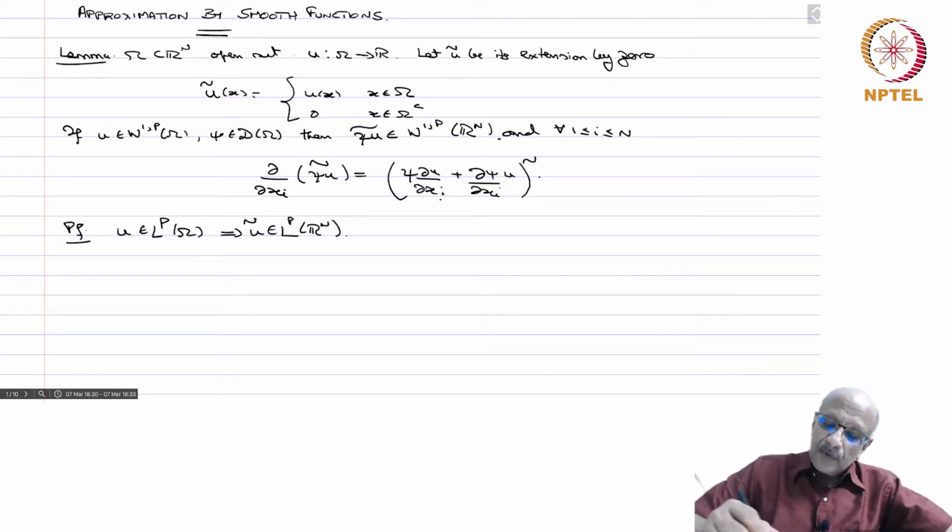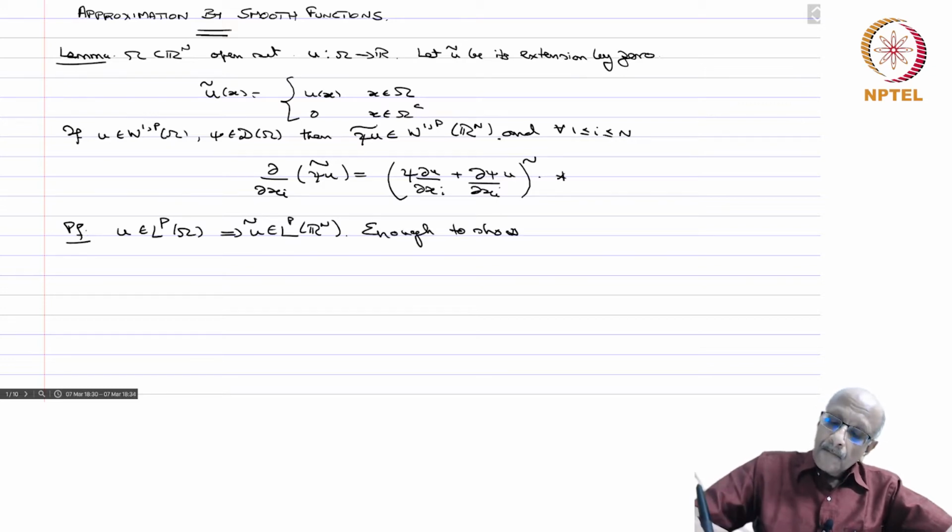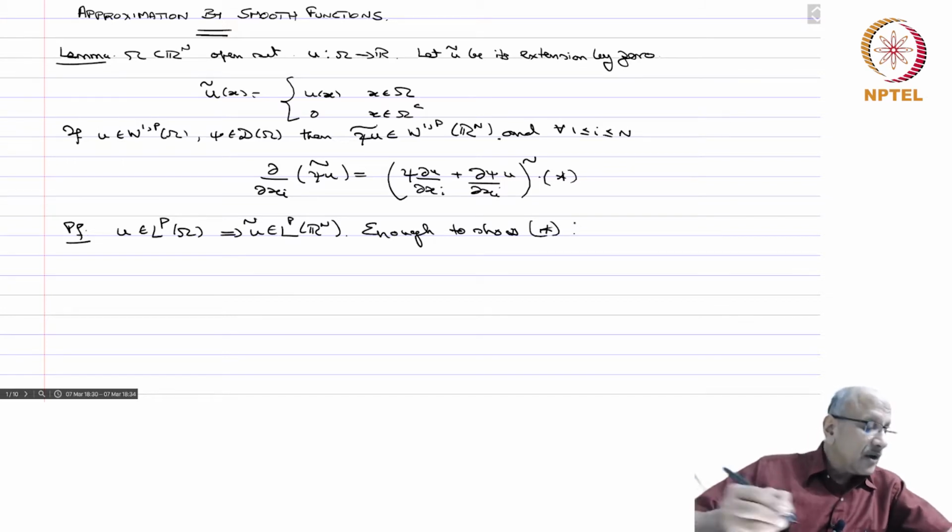So if I can prove this formula for the derivatives, since everything inside the bracket is still in L^p(omega), the tilde will be in L^p(R^n), and therefore the derivatives are in L^p(R^n) and the function is in L^p(R^n), and that will prove that psi u tilde is in W^{1,p}(R^n). So it is enough to show star, that is, it's enough to prove the formula for the derivatives.